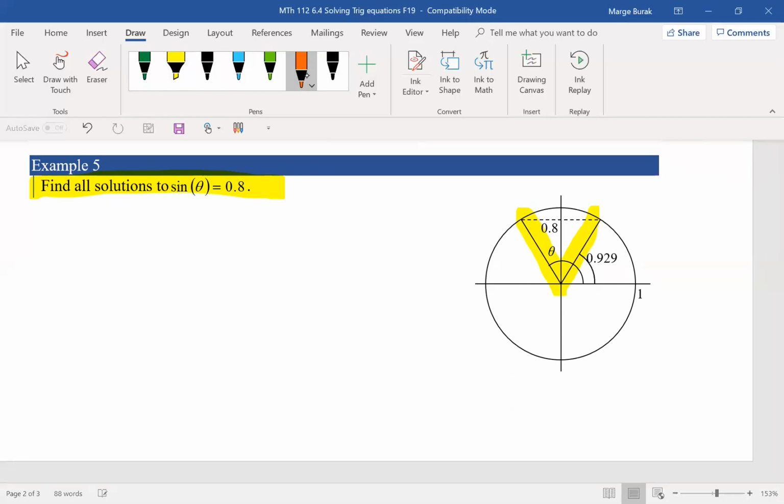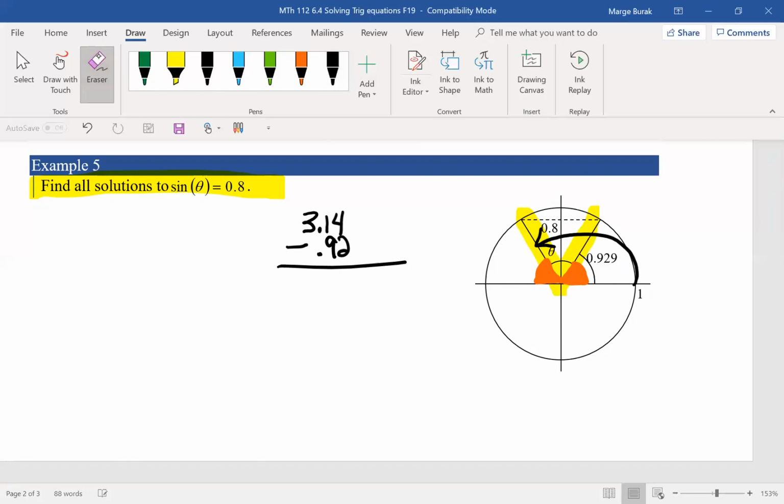Well, if you think about it, this angle inside here is 0.927 radians. Same with over here. We're going to use our reference angle. So this angle, which is what we want right here, is actually going to be pi take away 0.927. I don't know why it says 9 there. That's a typo.